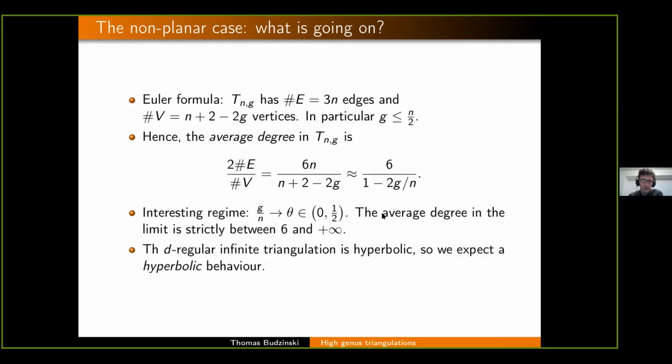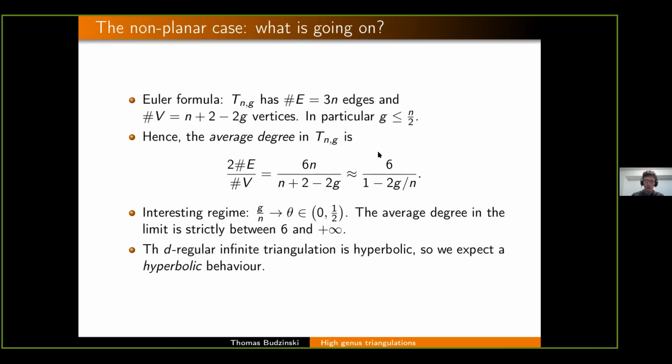But the interesting regime is when g over n is basically a constant that I'm going to call theta. Since g is at most n over 2, theta cannot be larger than 1/2. But when theta is positive, this average degree becomes larger than 6.